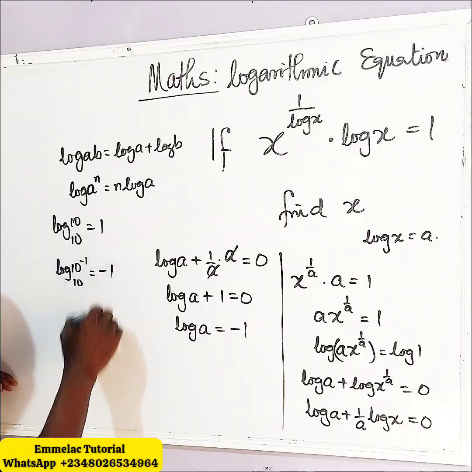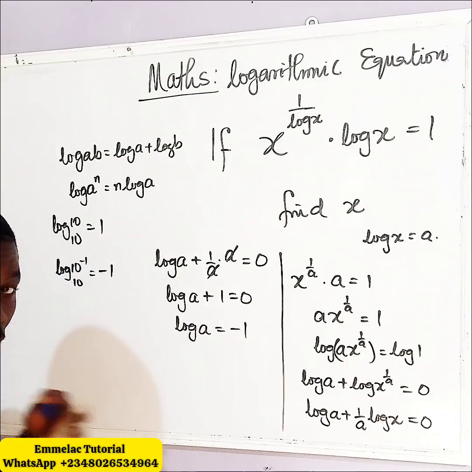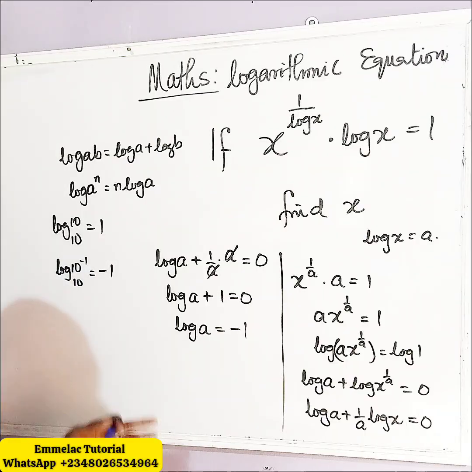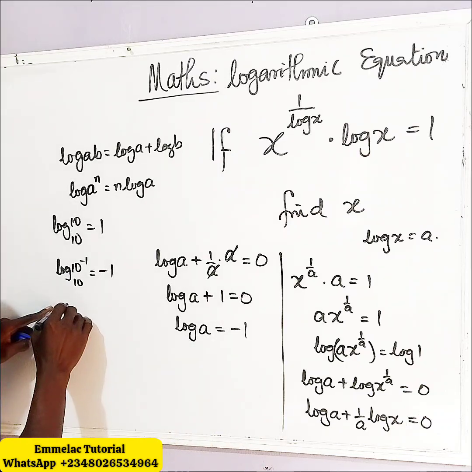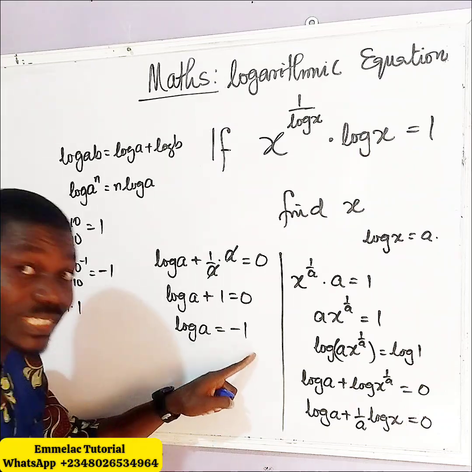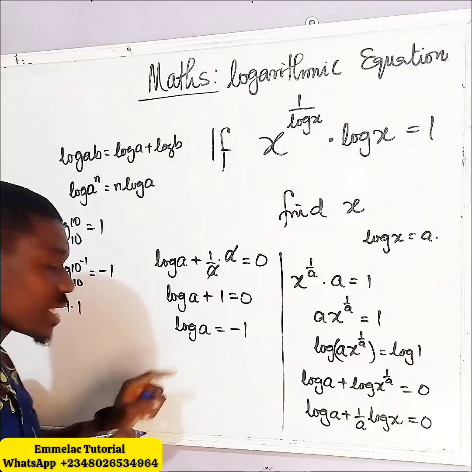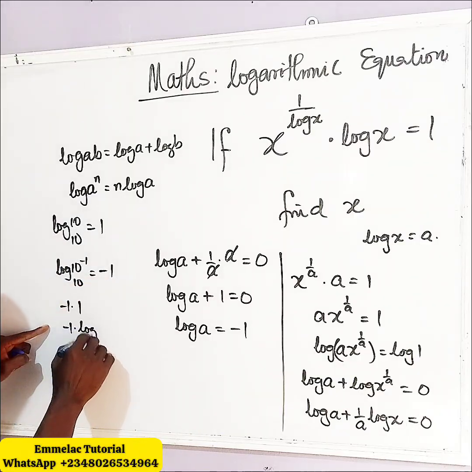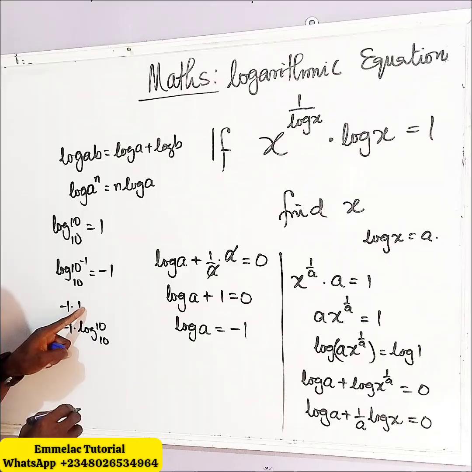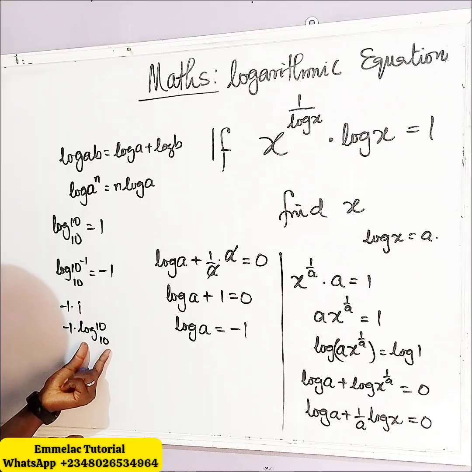That will give us minus 1. Or better still, to make it more understandable, this is the same thing as saying minus 1 times 1, which is this. Since we are dealing with log 10, here we have minus 1 times log 10 base 10, because this one represents log 10 base 10.